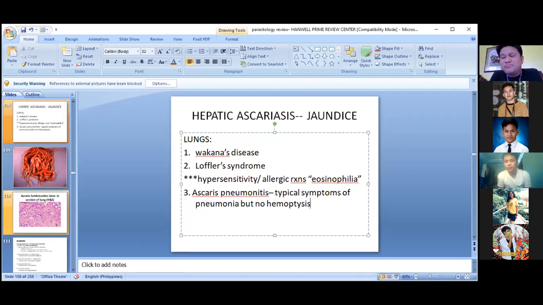In one part of the board exam, they have asked, why is there no blood being coughed out by the person? Basically because of the filariform larva size.